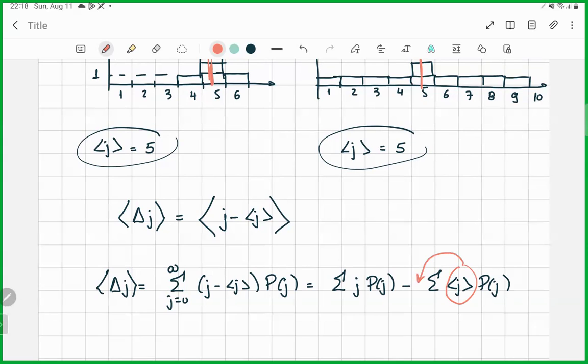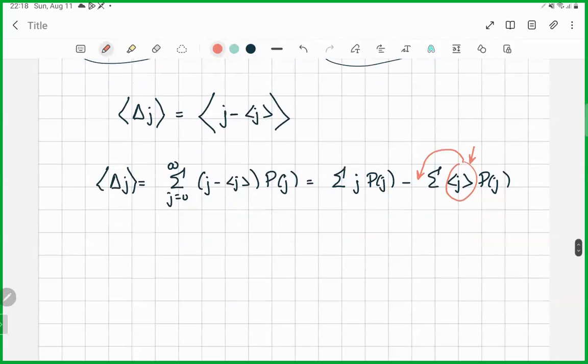So I have now the sum of J pJ, that's the first term, and the second term, where I took that expectation value outside of that sum.